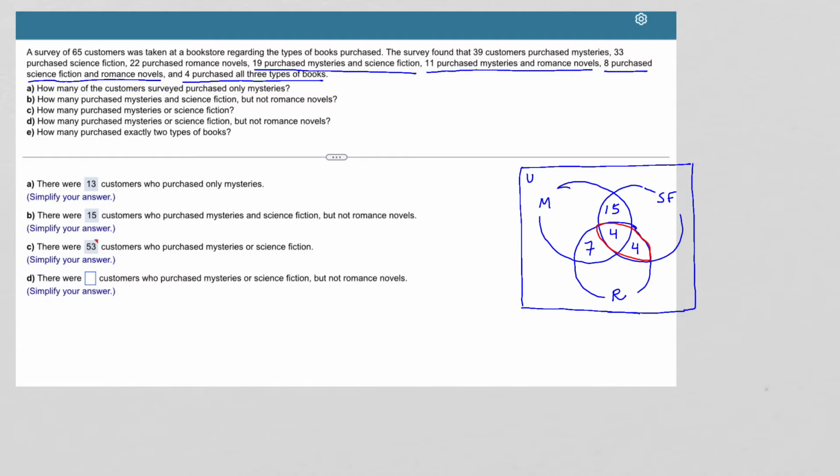So now I'll look at 22 purchased romance novels. For romance, we already have 7 plus 4 plus 4, which gives me 15. And then I subtract that from the 22, and I get 7.